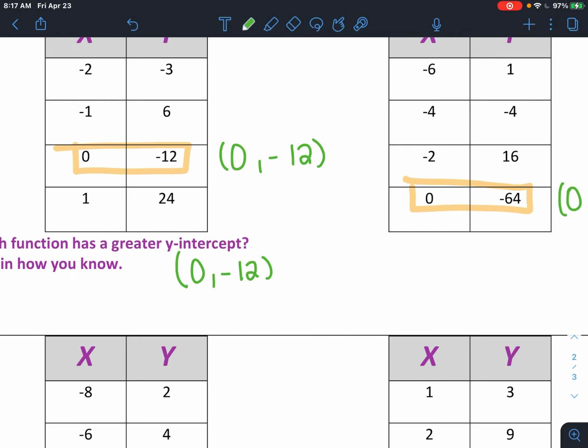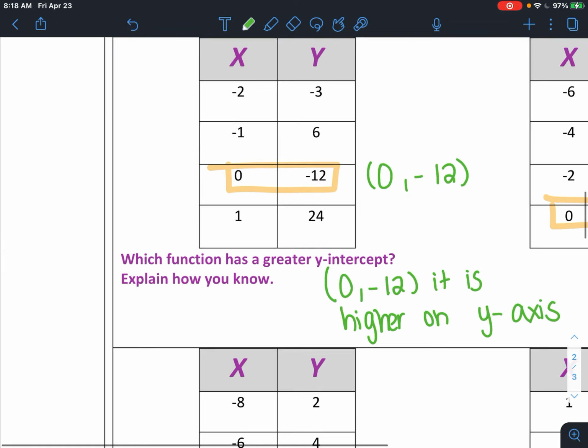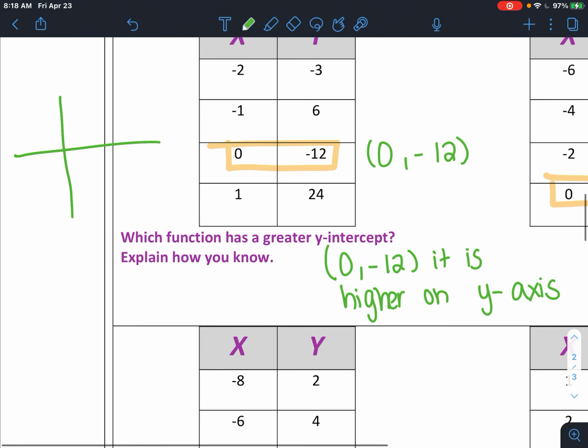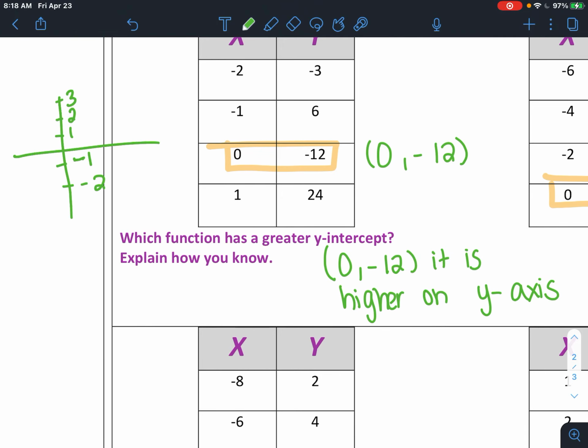Why is that the greater y-intercept? Well, it is higher on the y-axis. So if you need a little visual, okay, we've got y-intercept of 1, 2, 3. We got -1, -2.